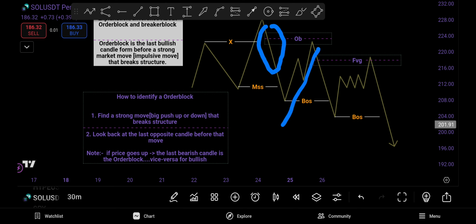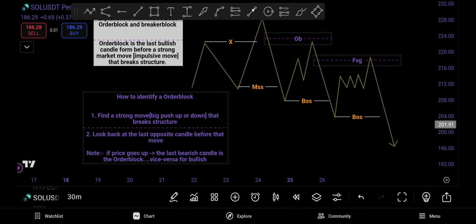When price goes up, this was the last bearish candle. When price goes down, this was the last bearish candle that was there. Good. You understand?